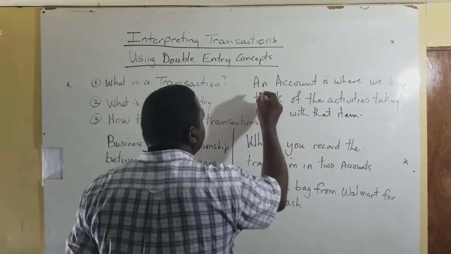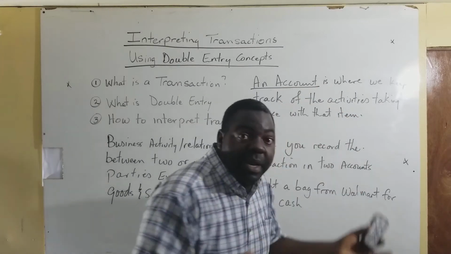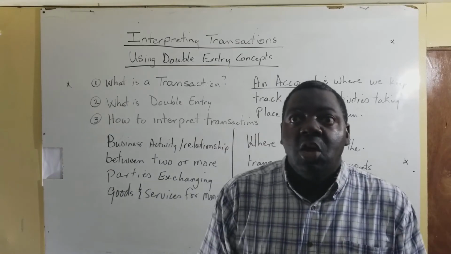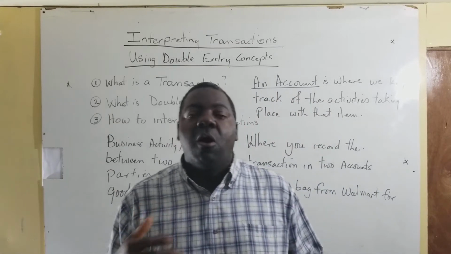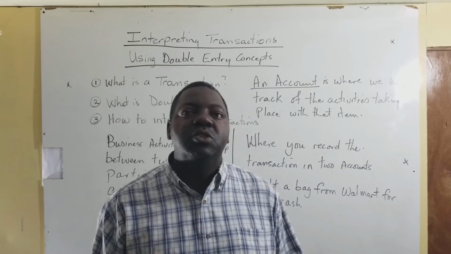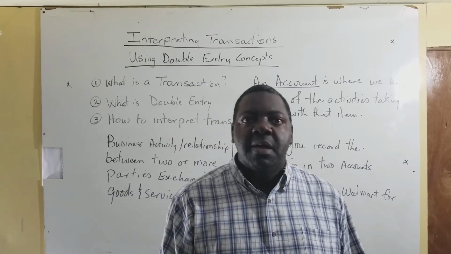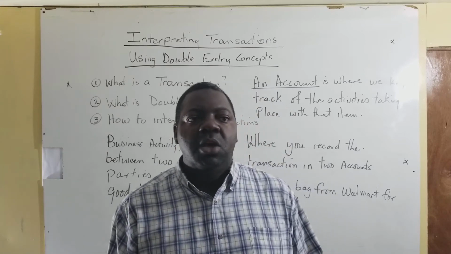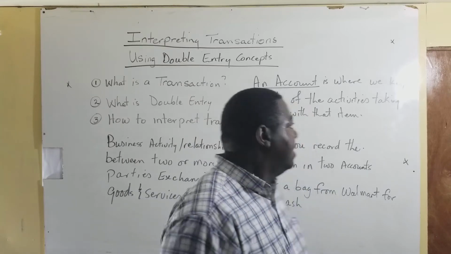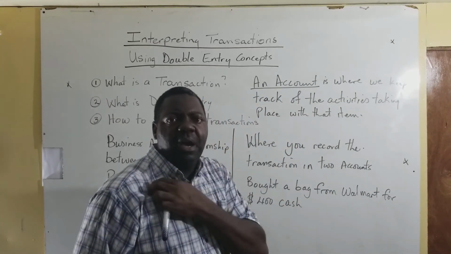So when we refer to an account, and you're going to open an account, what we're really saying is that we're going to record information relating to a particular item and keep track of the item to see how things are with it. That's where we come in terms of an account.